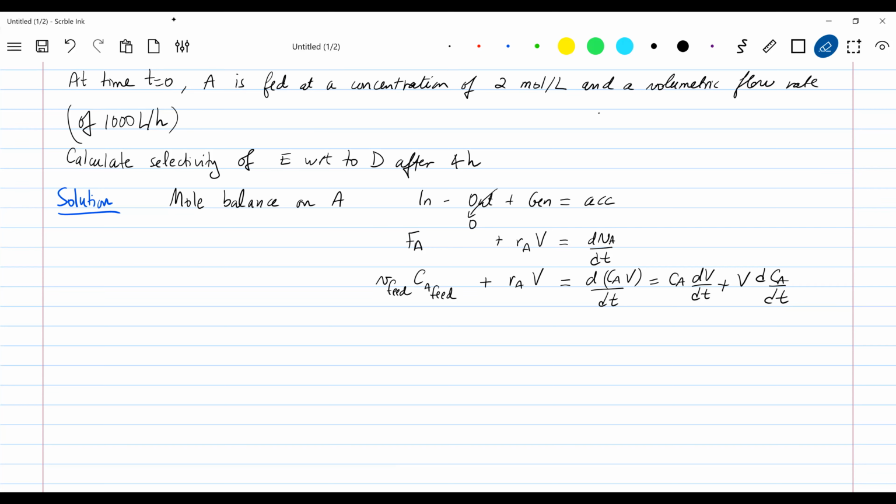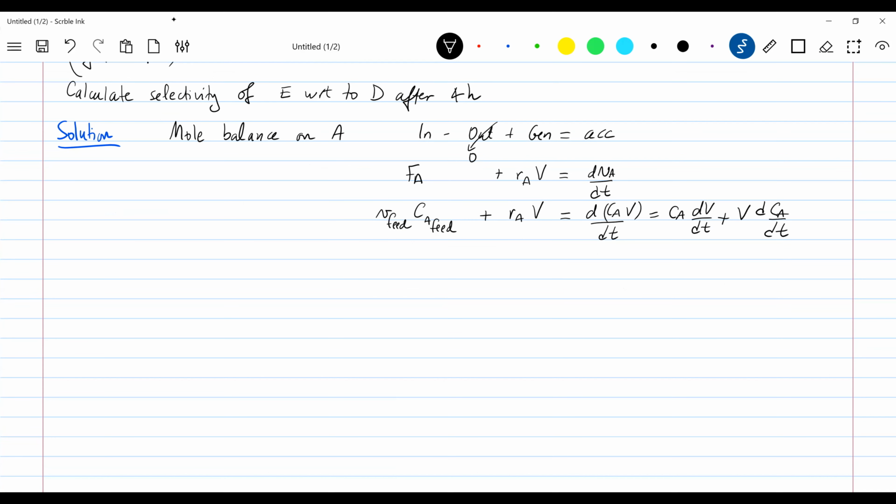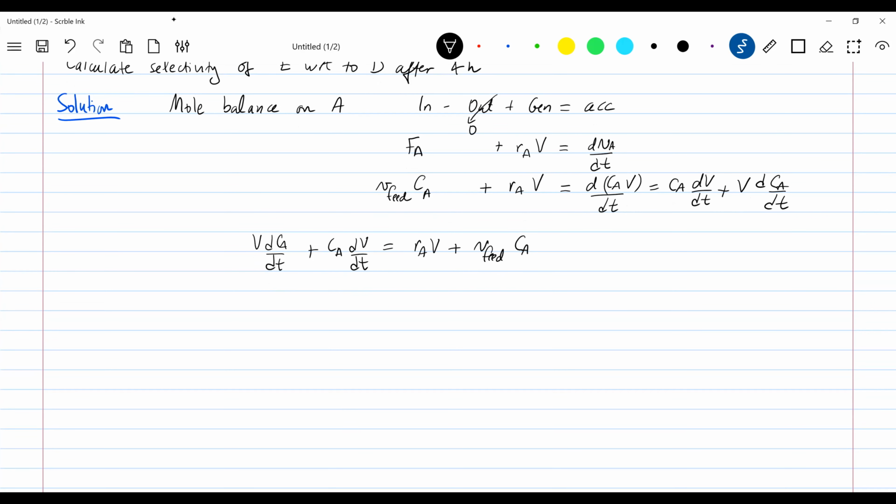So let's just rewrite it so we can be sure. That's the mistake. This is just CA. Yeah, that was a mistake. I don't know why I wrote feed on both.